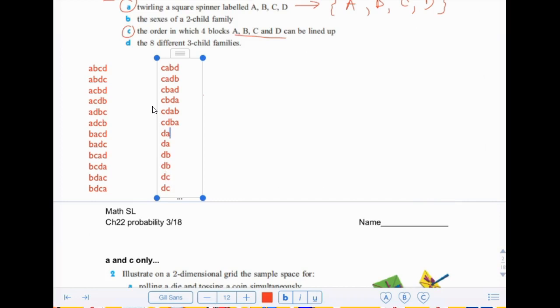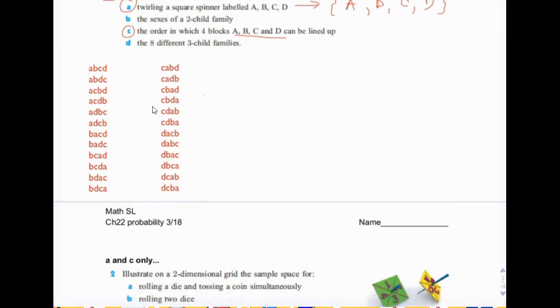Here, the only 2 combinations would be DACB and DABC. This would be DBAC and DBCA. And this would be DCAB, and this would be DCBA. Okay. So, those are the 24 combinations, the 24 orders that the 4 blocks can be lined up. Okay, and that was page 1 and 2.